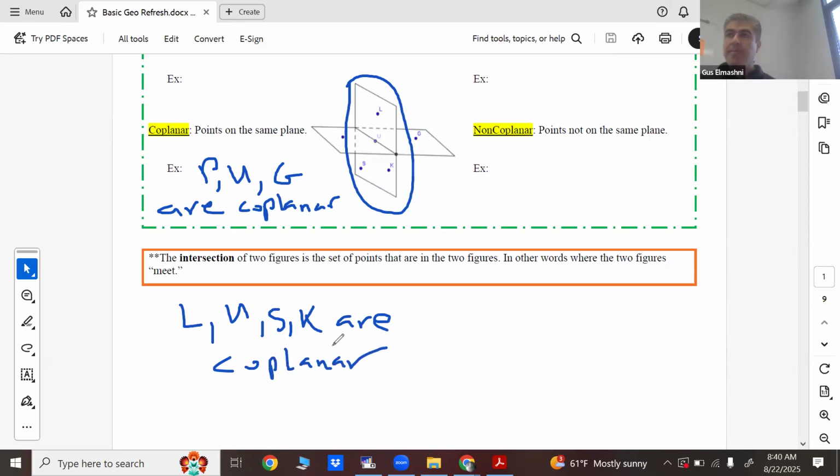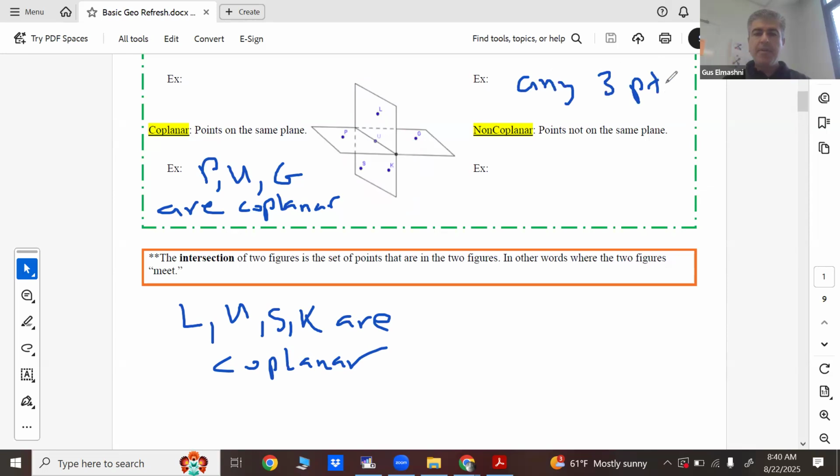However, non-coplanar, now you have to be careful here. I said this earlier. Any 3 points define a plane, just like any 2 points define a line. So you have to be careful.